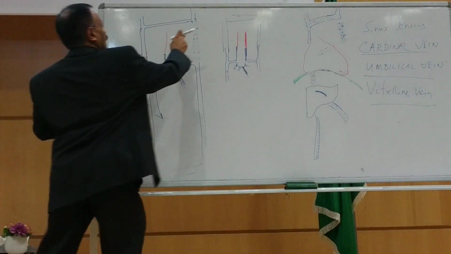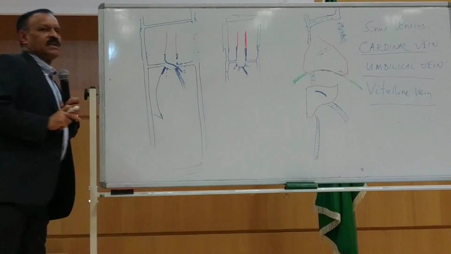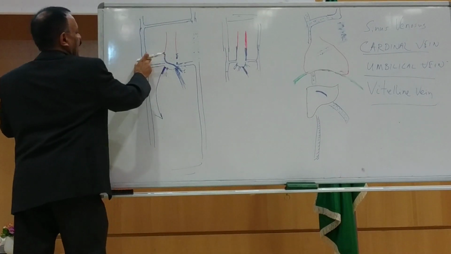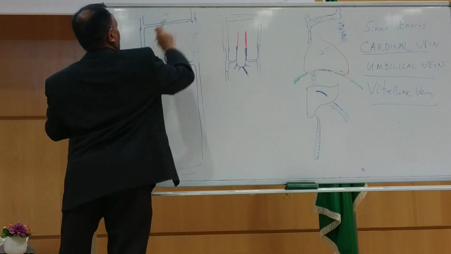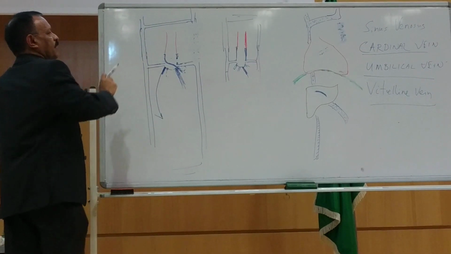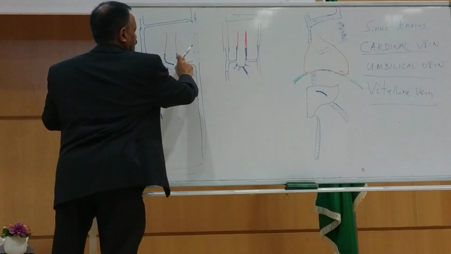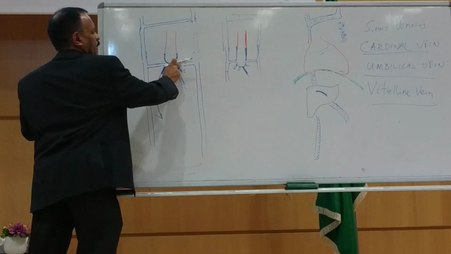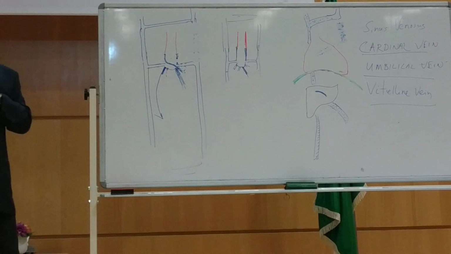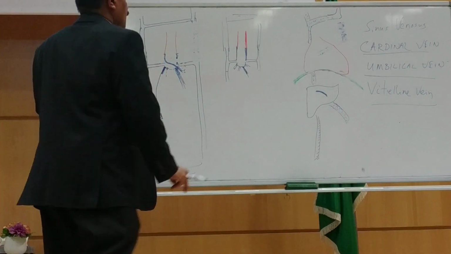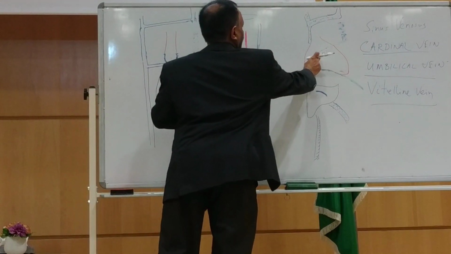So when the left anterior cardinal vein disappears, then you have a system, superior vena cava, then you have a system called the left brachiocephalic vein, right brachiocephalic vein. The one which is connecting over here, this part, is forming the coronary sinus. Coronary sinus. Okay? This is the coronary sinus over here.